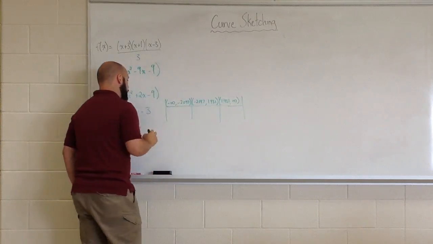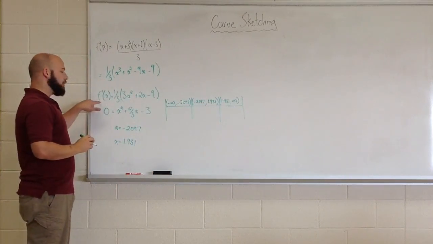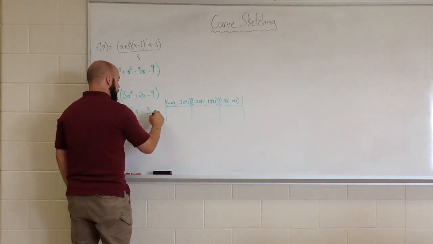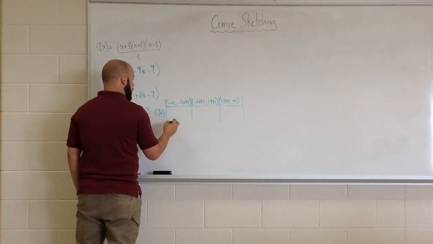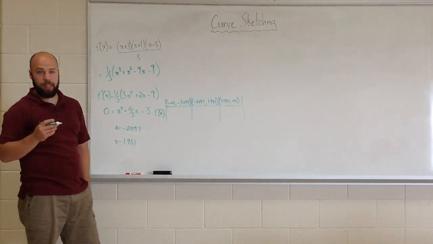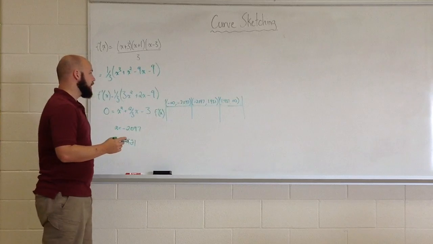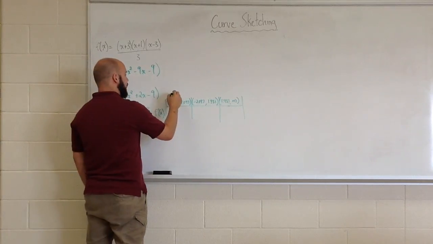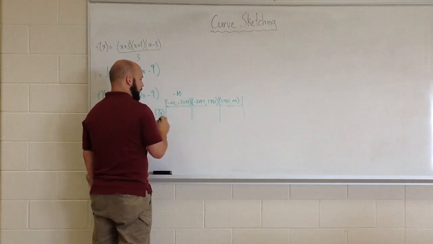Remember that we have to set f prime of x equal to 0. Don't use the original function, use your first derivative here. And choose points that make it really easy to tell if it's positive or negative. Between negative infinity and negative 2, I can choose something really big, like even negative 10 works.